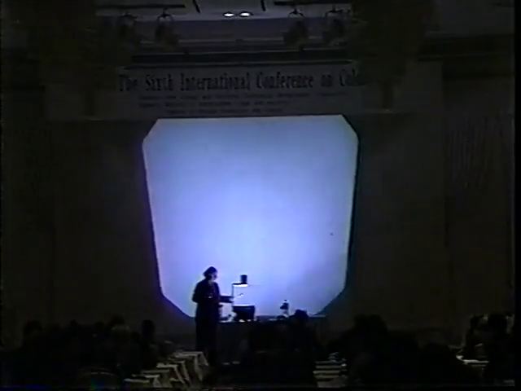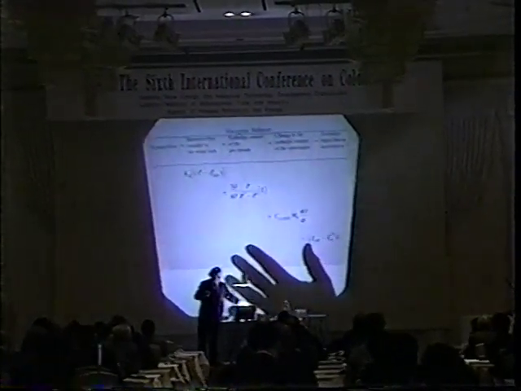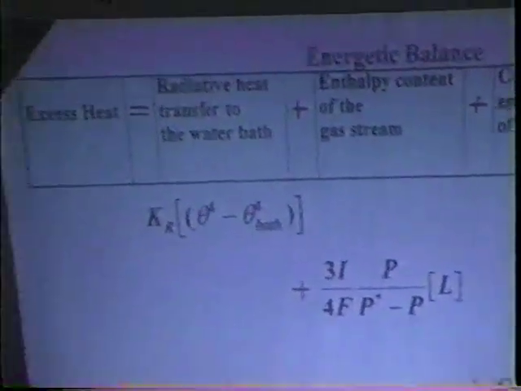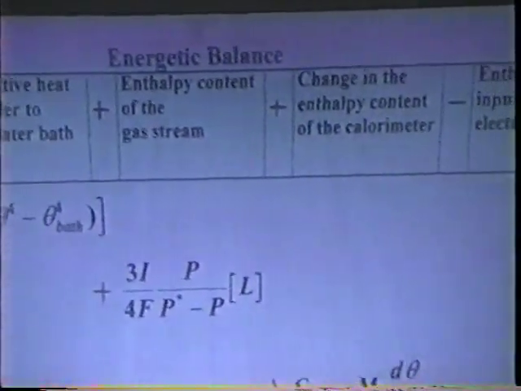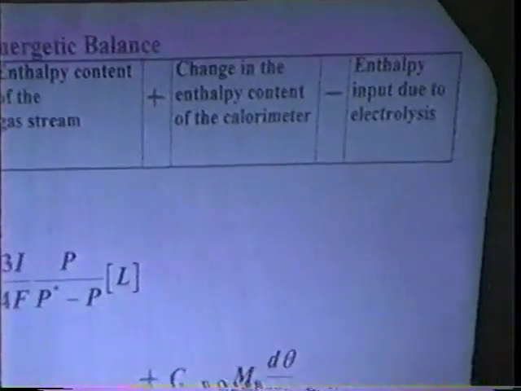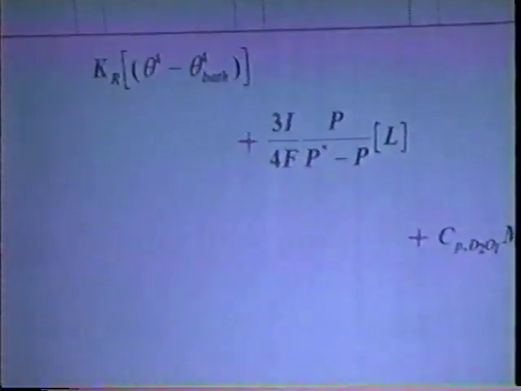Now, again, this is not new at all. This is very well known. For those who have looked at the details, this is the energy balance proposed by Fleischmann and Pons. The excess heat measured is the difference between the radiative heat transfer to the water bath.